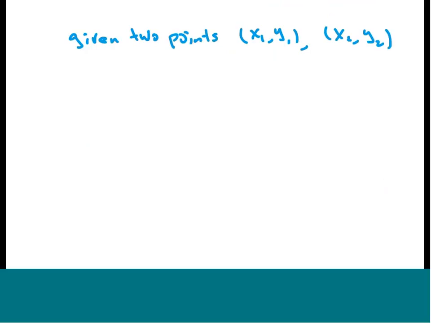So for example, if I'm given 2 points, one is x1, y1, one is x2, y2. Find the equation using the determinant of the line that passes through x1, y1. So you want x1, y1 here.